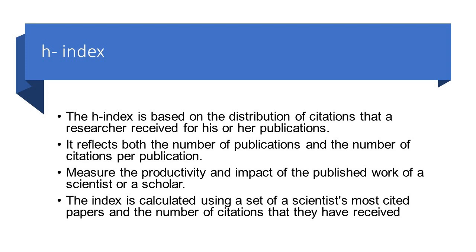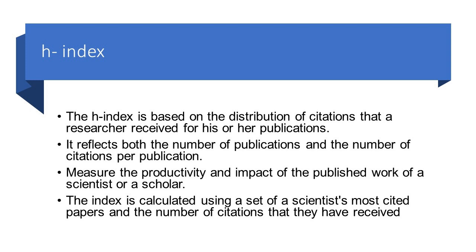This measures the productivity, for how long the author is publishing, so that becomes productivity, persistence, and impact of the published work of a research scholar or scientist. This index is calculated using a set of a scientist's most cited papers and the number of citations that they have received. I'll show you how to calculate H index.